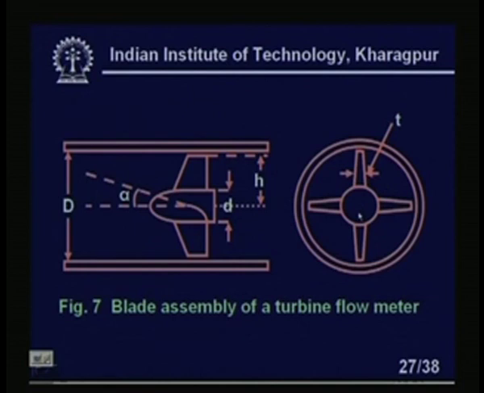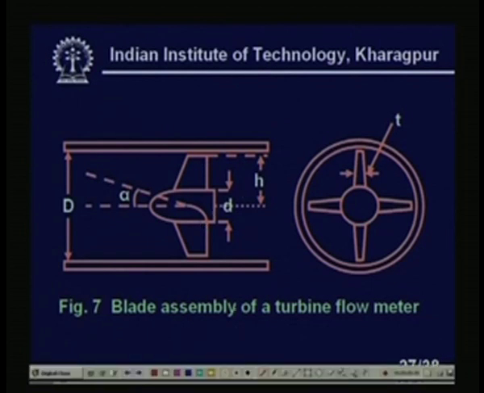If I look along the axis of the pipe, the blades will look like this, with thickness T and an angle alpha. The liquid flowing like this hits the blade, so it starts to rotate in this direction, right.